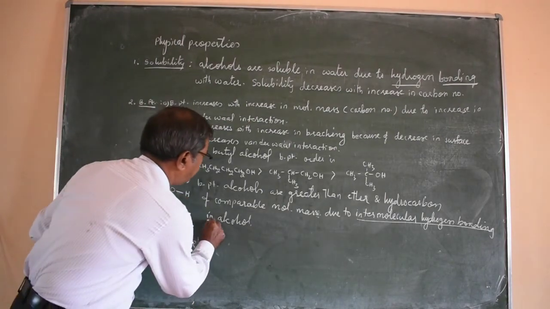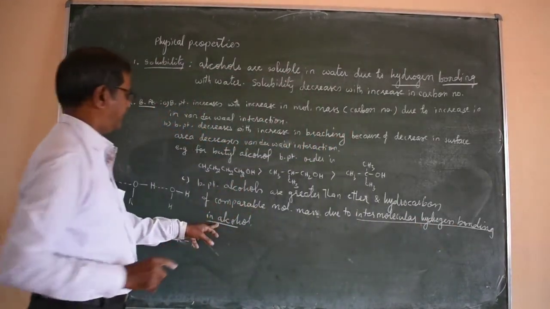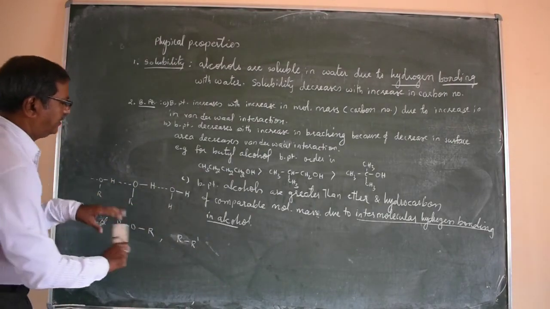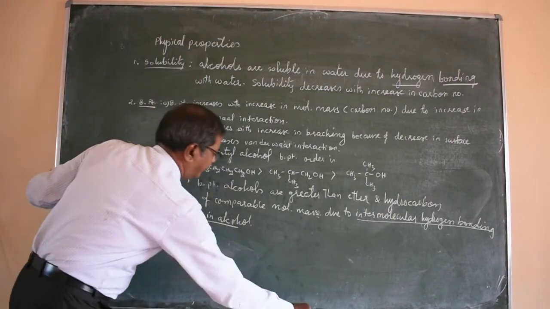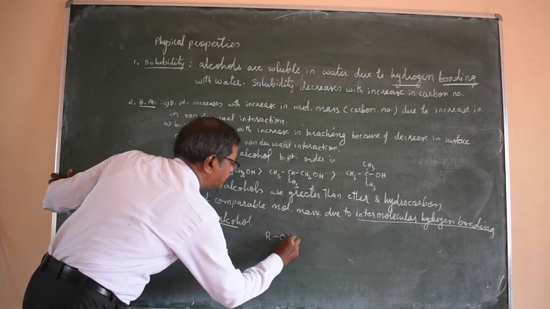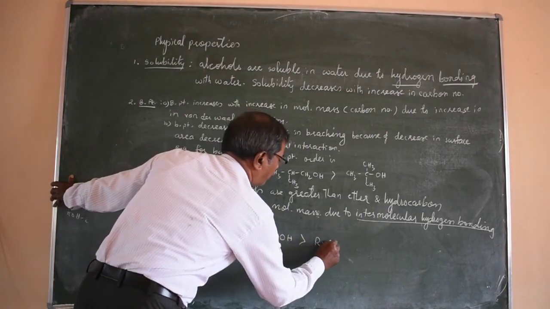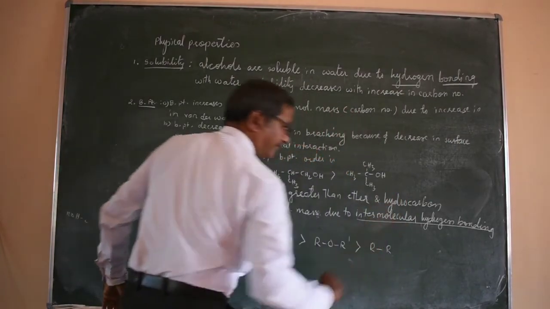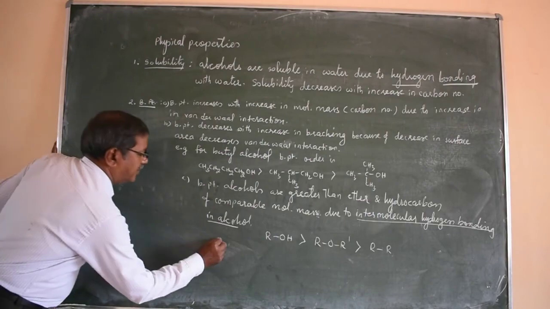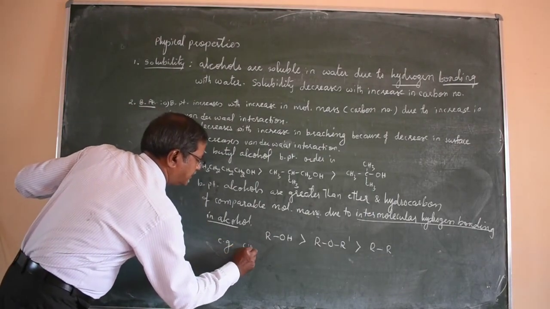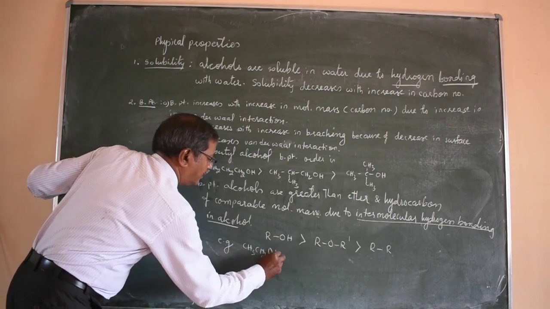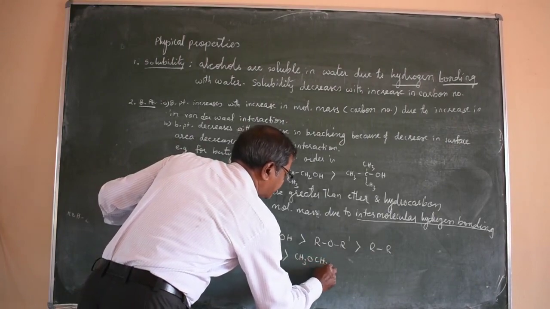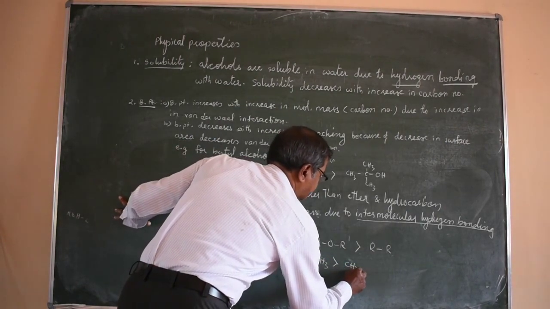This point is important: because of intermolecular hydrogen bonding, boiling point is greater compared to that of hydrocarbons and ethers. It is of the order alcohol ROH greater than ether ROR', greater than hydrocarbon RR. For comparable molecular mass, an example is CH3CH2OH. Its boiling point is greater compared to CH3OCH3. It is greater compared to CH3CH3.